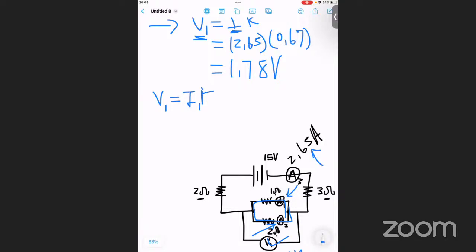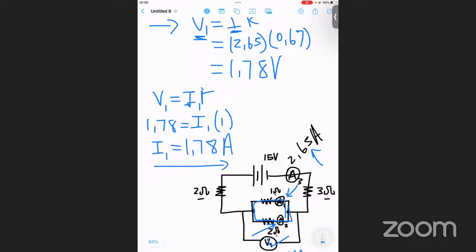So 1.78 equals, you want the current on ammeter 1. What is the resistance on ammeter 1? It is 1. So the current flowing on ammeter 1 is equal to 1.78 divided by 1. It is the same as 1.78. Then this is the answer, but you must make sure that you say amperes.